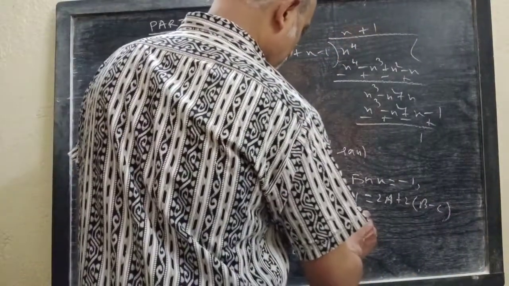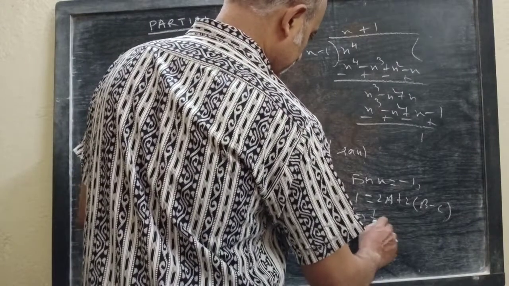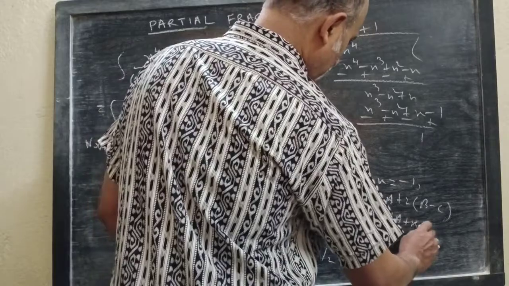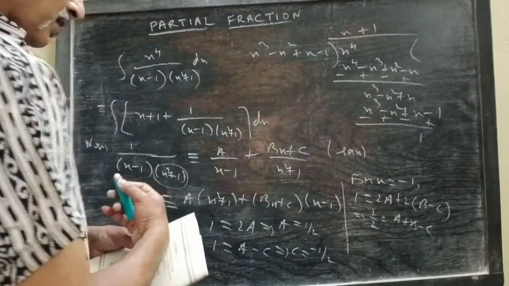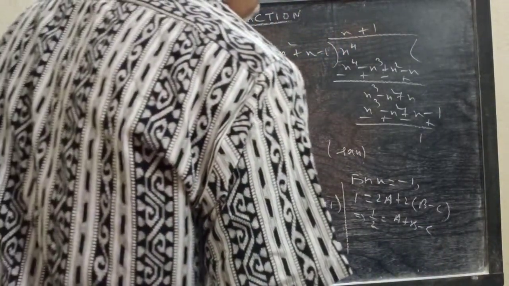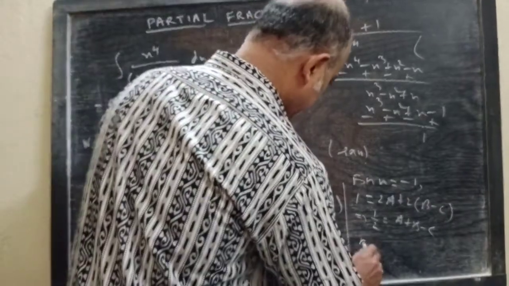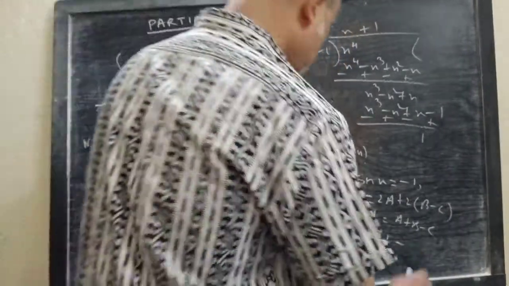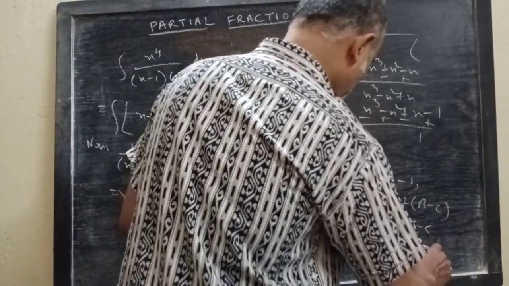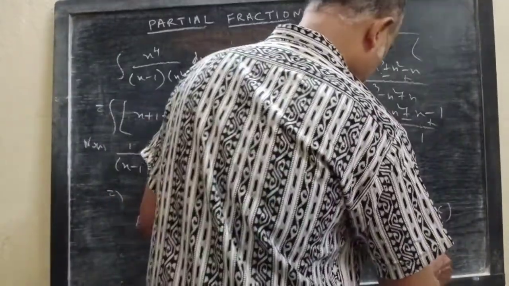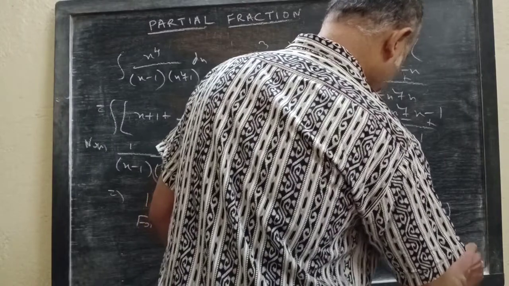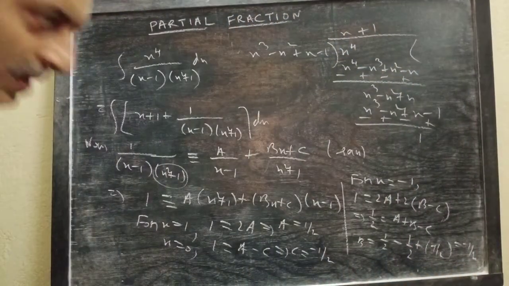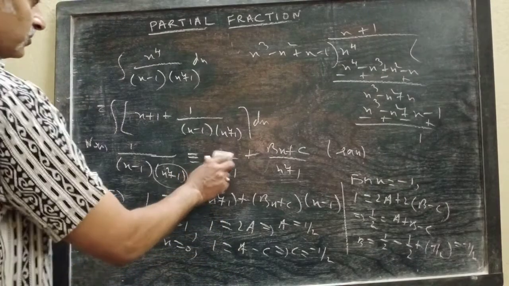Then half is equal to a plus b minus c. I have to find the value of b. So b will be half minus a, that is minus half, plus c. C is minus half. So b is minus half.